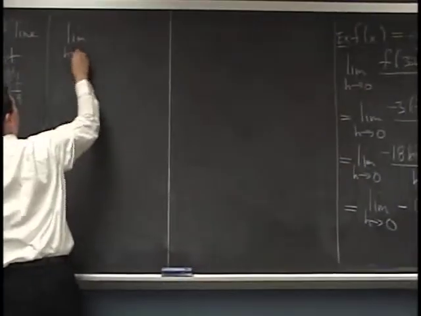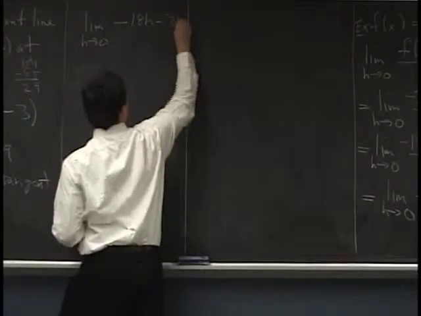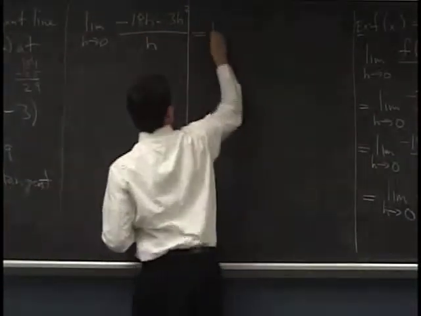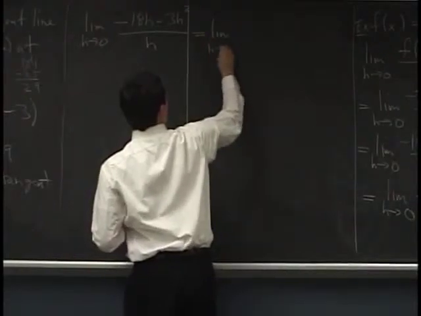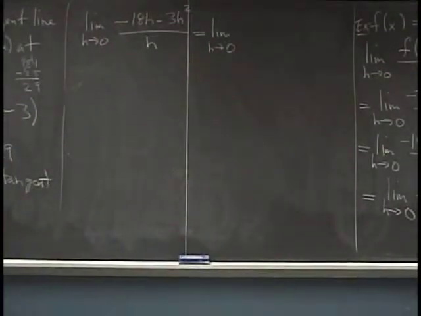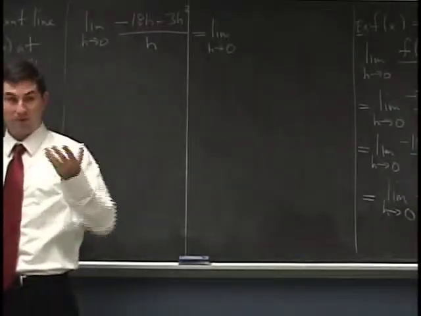Okay, so the limit as h goes to 0 of minus 18h minus 3h squared over h. And we want to try factoring out h squared on the top. Now, part of the reason you want to do that is because when we had limits going to infinity, that's exactly what you were supposed to do, right?